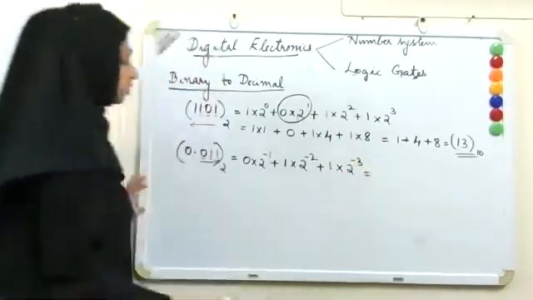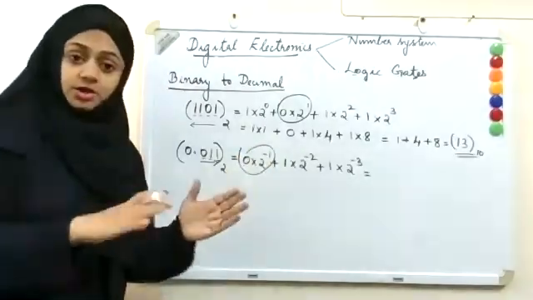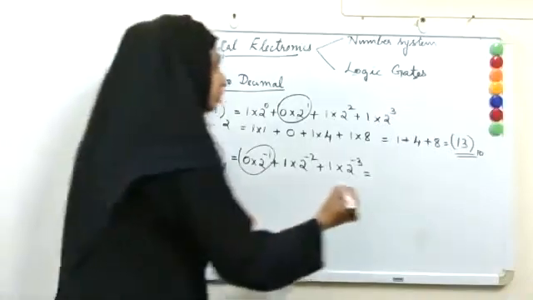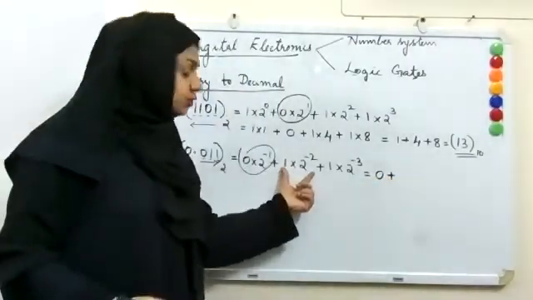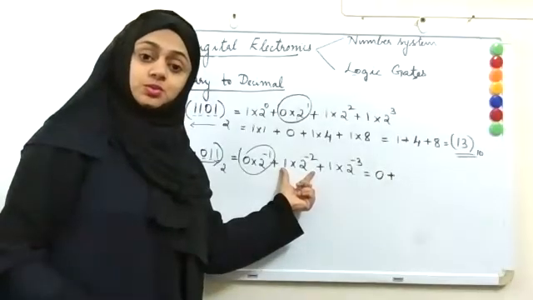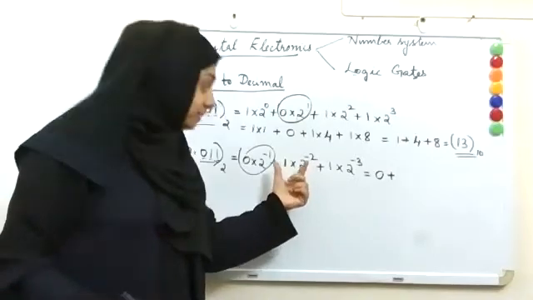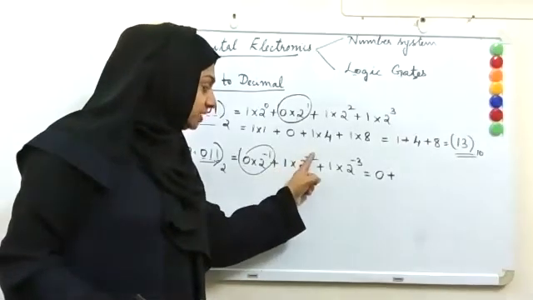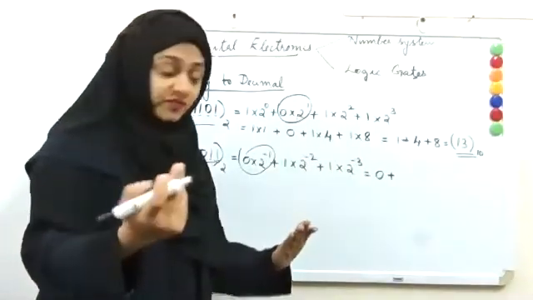So this is equal to 0 times, which can be avoided, so this is 0, plus, what is 2 raised to minus 2? 1 by 4. 2 raised to minus 2 means 1 by 2 raised to 2, and 2 raised to 2 is 4.